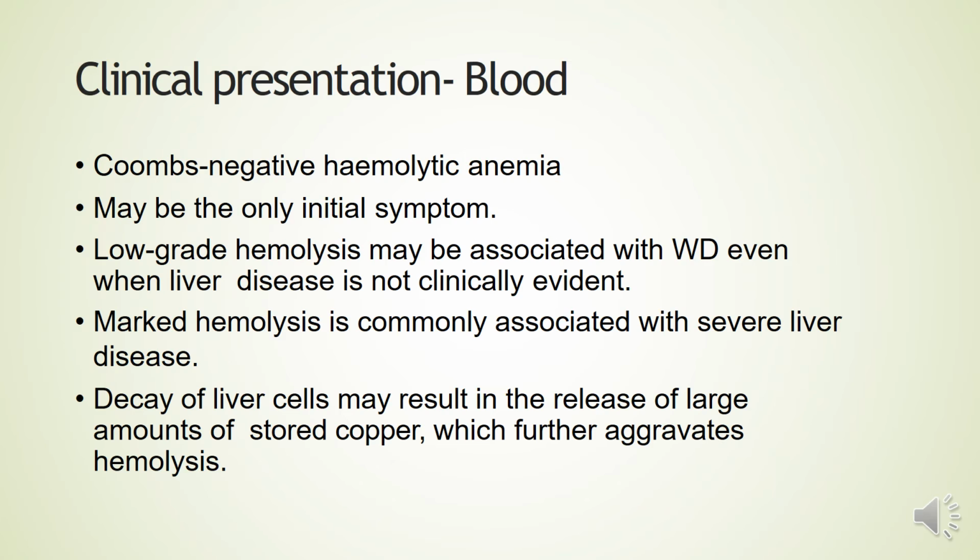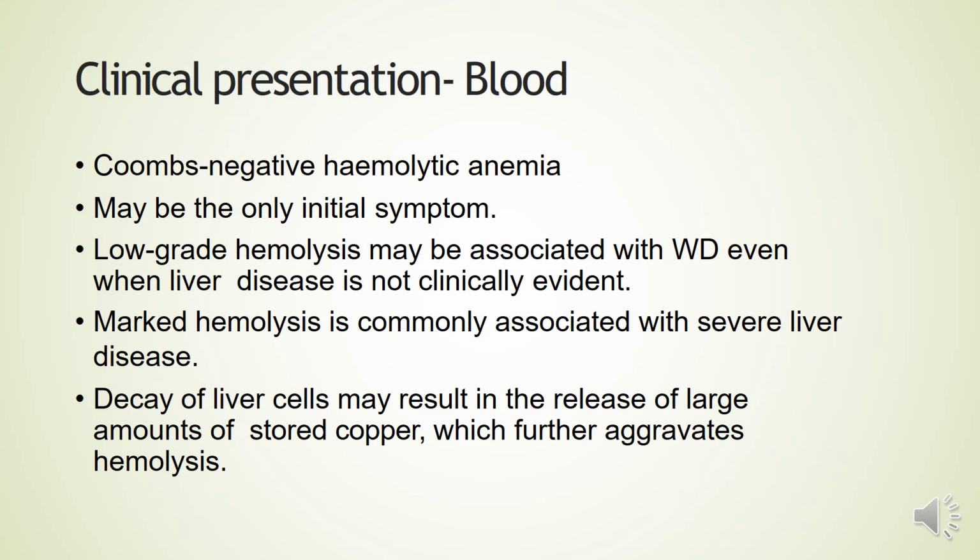Chronic low-grade hemolysis, like I already mentioned, can be associated with Wilson's disease even when the liver disease is not clinically evident. These patients may have an overlap where there is equal elevation of both direct bilirubin as well as indirect bilirubin. So working up for hemolytic anemia may also be necessary.